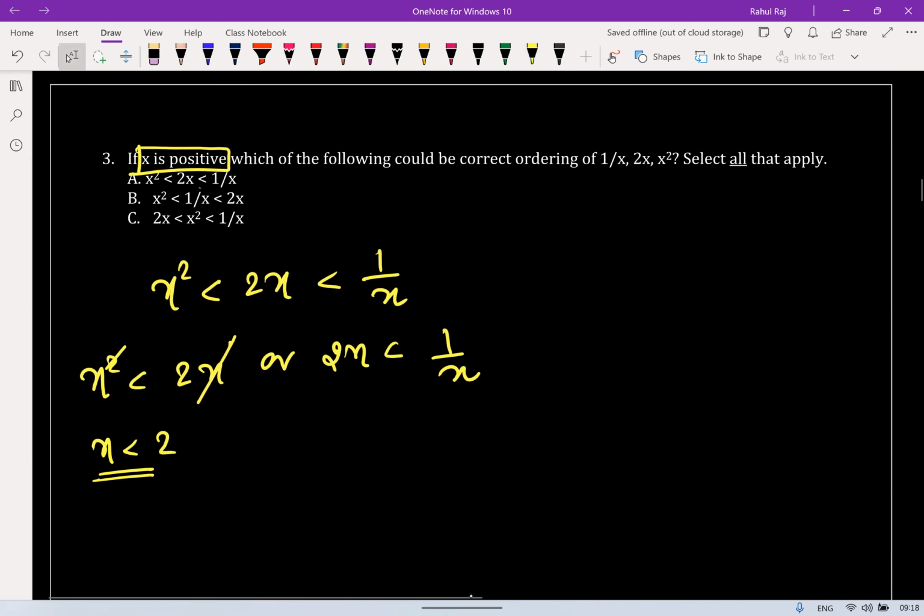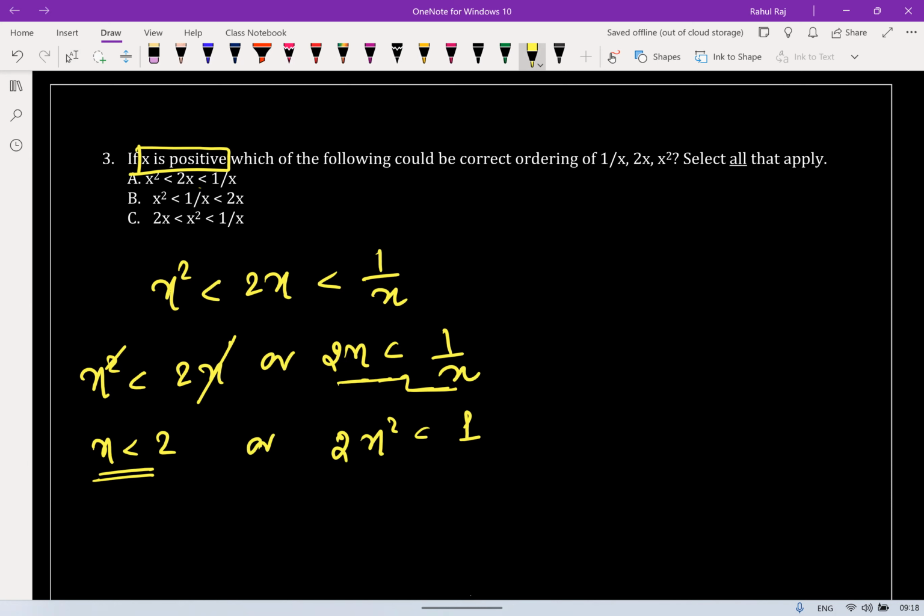So if I'm solving x square less than 2x, I can cancel out x and x. Okay, but then you still get x is less than 2, but it should be x greater than 0 and less than 2. Absolutely. I'm still solving this, Alexa. So can I write this as 2x square less than 1?